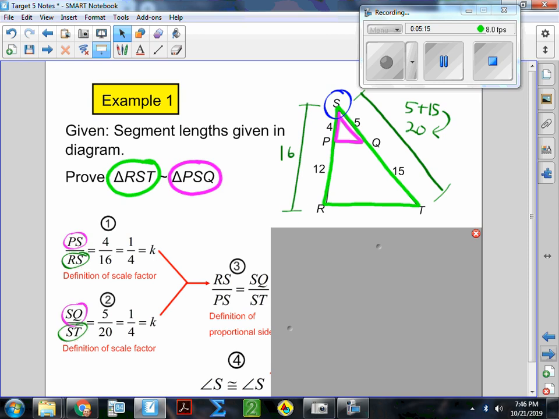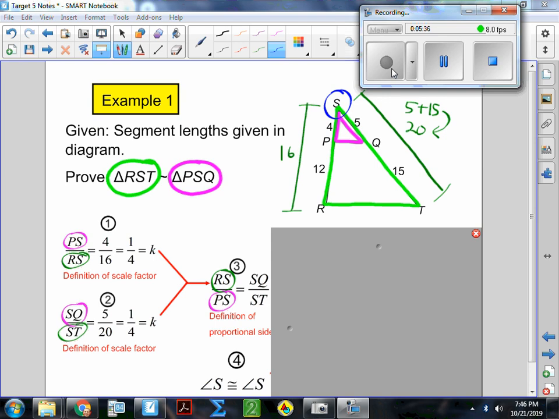So I took those same things. This time I flipped it over for some reason, RS over PS. So for some reason I switched up the green and the pink. You can just keep it as pink over green, it doesn't matter. And actually I just double checked the right-hand side. It looks like I meant to keep it the same way and I flipped it over.